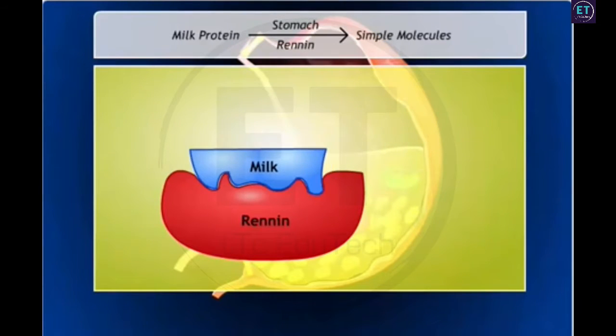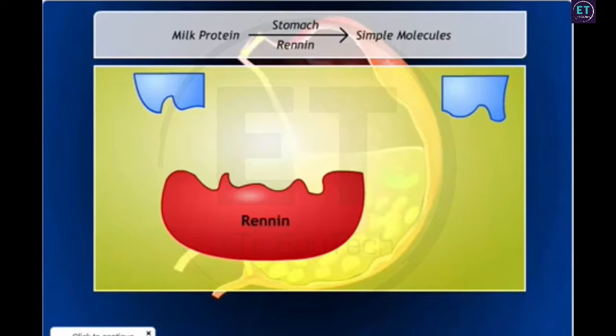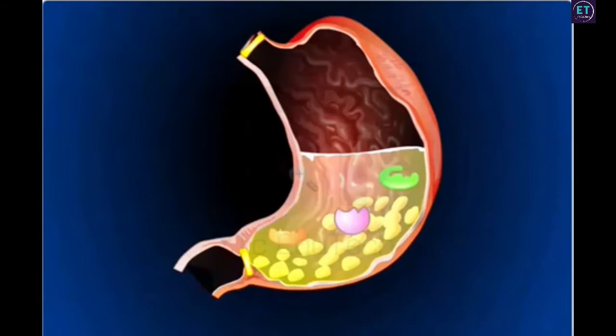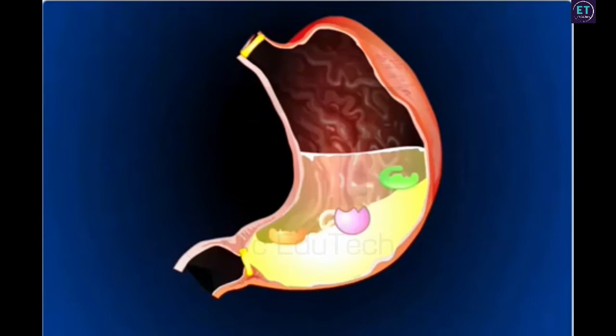Renin separates milk into liquid and solid portions. Lipases act on fats and help to break them down. This process continues till the food is turned into a thick liquid called chyme.